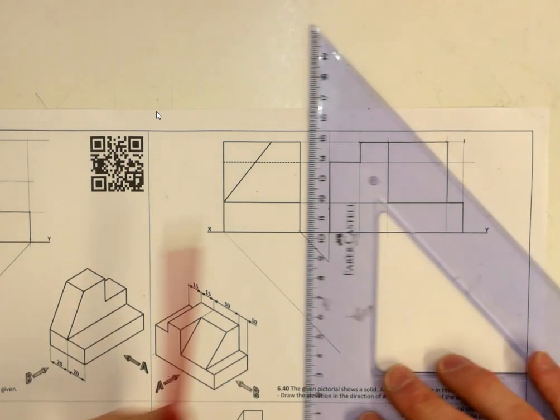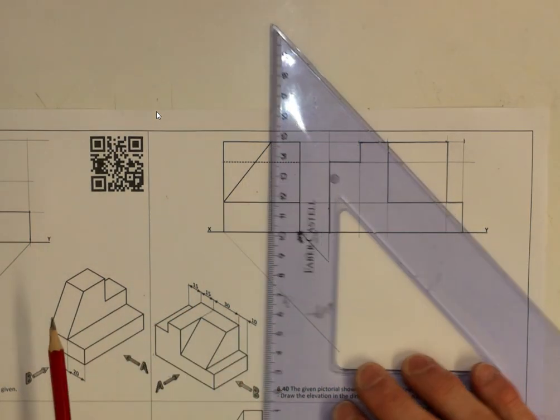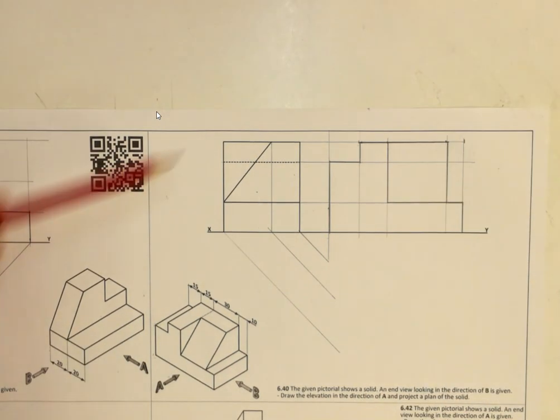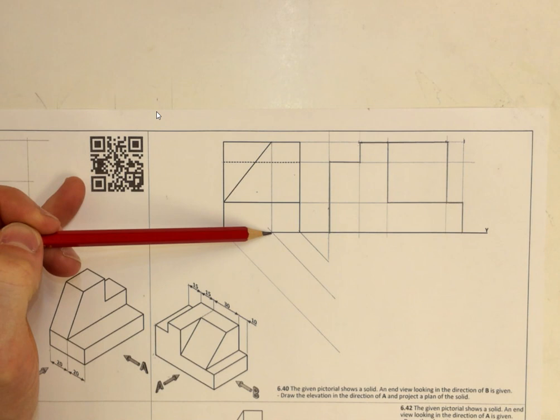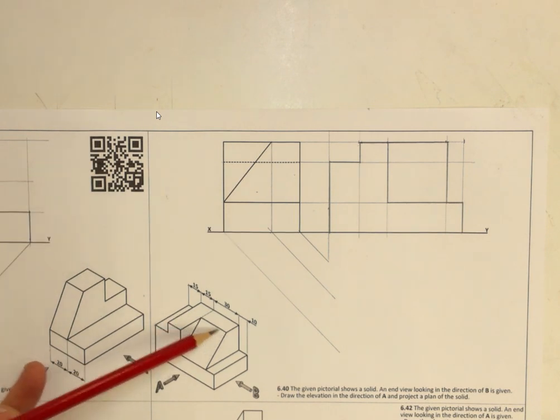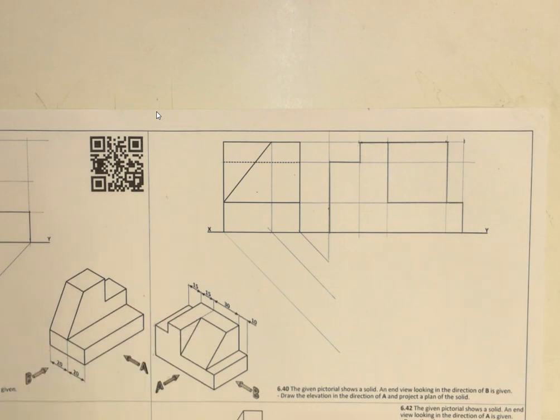Take those two lines, and also don't forget to bring this line down. We'll draw that there. That line that I just brought down right there is this line here, and it refers to that line in my plan.